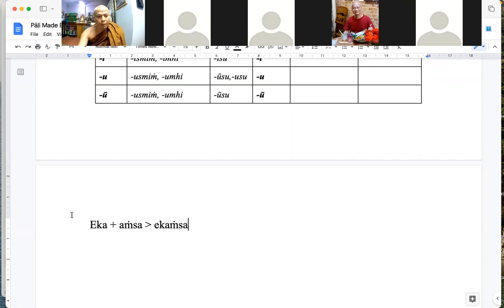So Ekamsa, Eka means one. So Amsa means sometimes portion or side or sometimes shoulder, based on the contextual meaning. So that is one shoulder, one side, maybe one portion also. So joining these together.